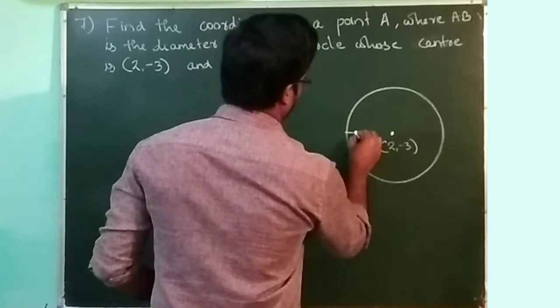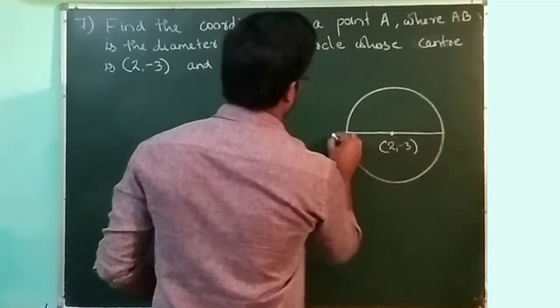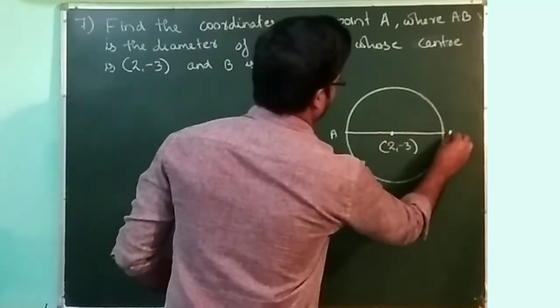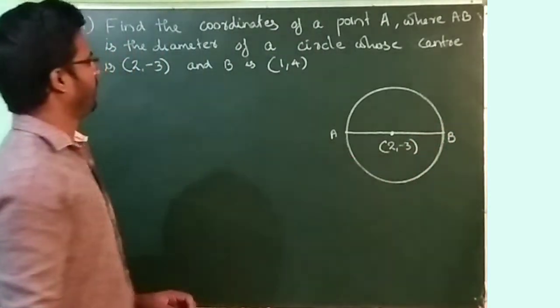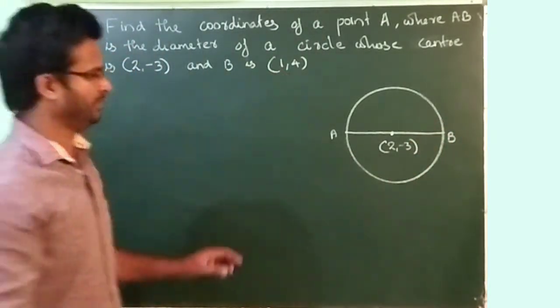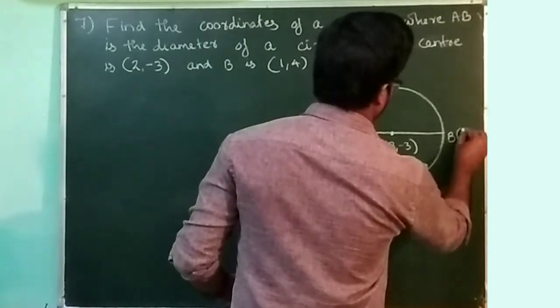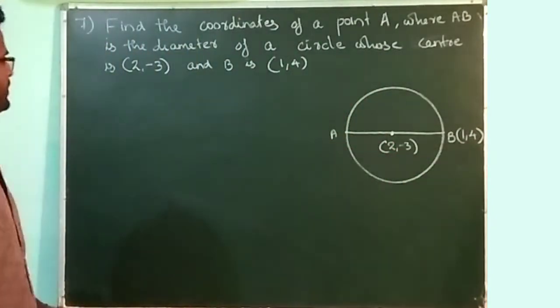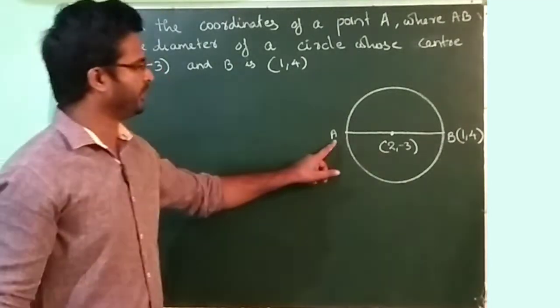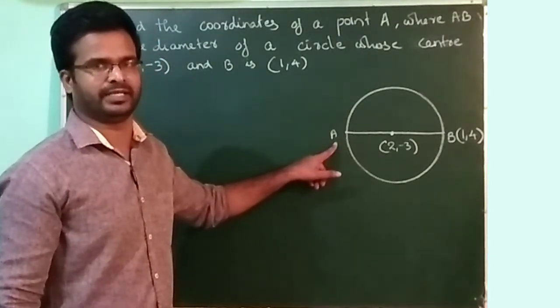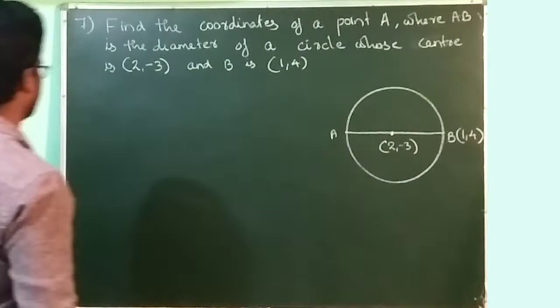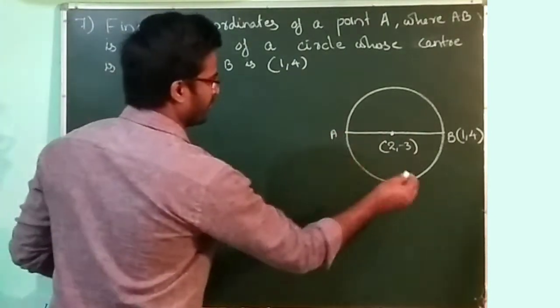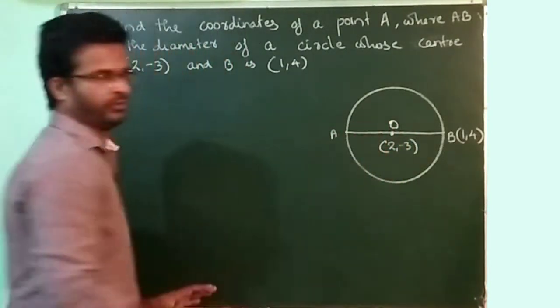Then one diameter is also given, that is AB. The coordinate of B is (1, 4). Our question is to find out the coordinate of point A.